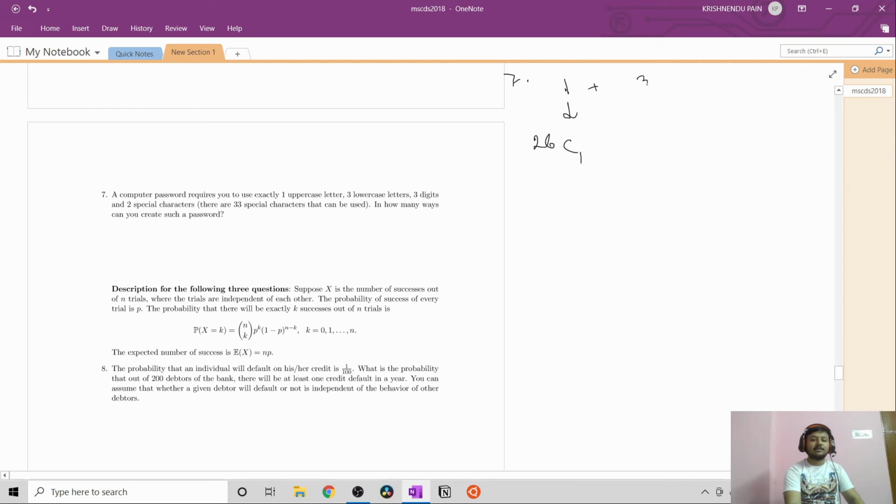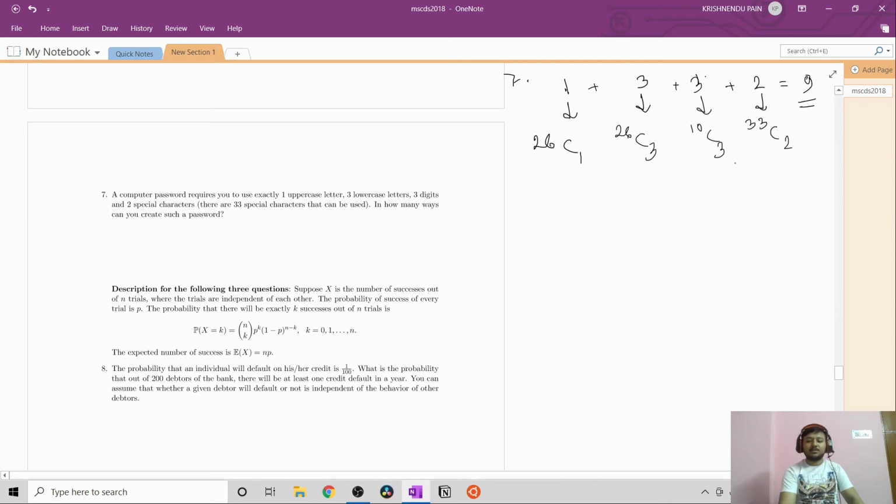There are 3 lowercase letters. So from 26 letters we can choose in 26C3 ways. 3 digits, total 10 digits. From 10 we can choose 10C3. And 2 special characters. There are a total of 33 special characters, we can choose 33C2. So there are a total of 9 characters we can use.